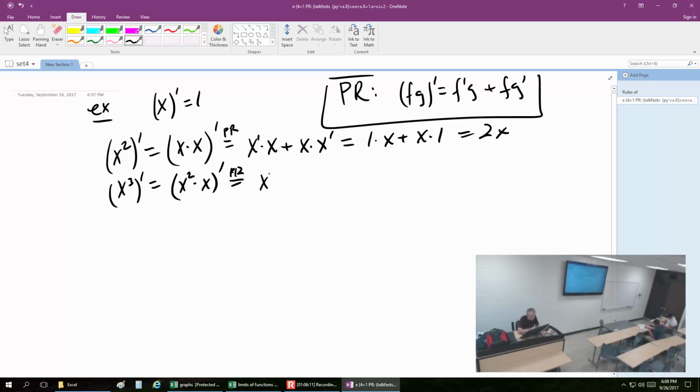I'll write it out and then I'll differentiate: x squared prime times x plus x squared times x prime. We know that the derivative of x squared is 2x, so 2x times x plus x squared times 1. What's the answer?